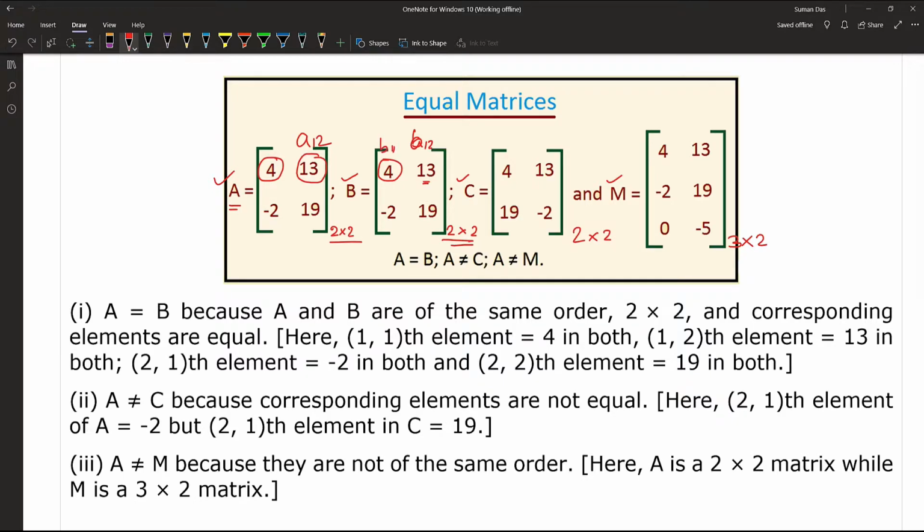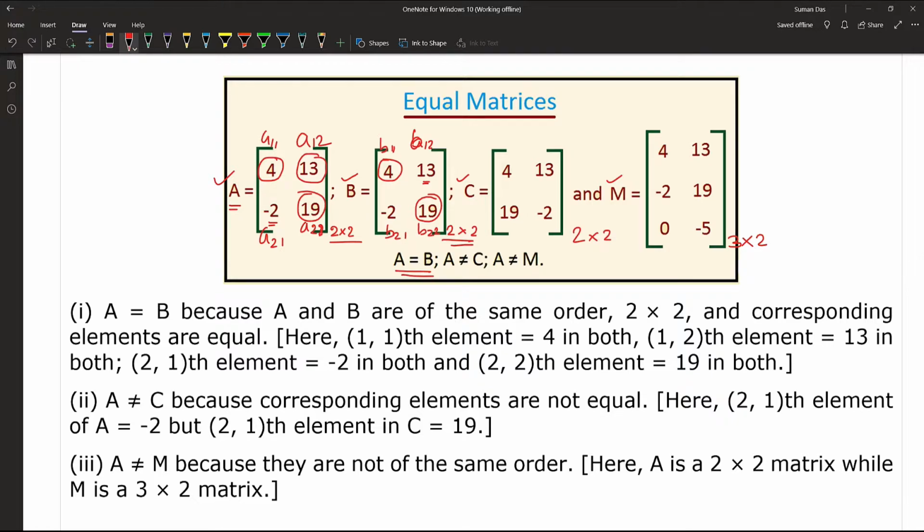Now in the second row, first column, A21 is equal to -2 and B21 is also -2. Second row, second column, A22 is 19, and here we find B22 also as 19. So we may say A is equal to B.